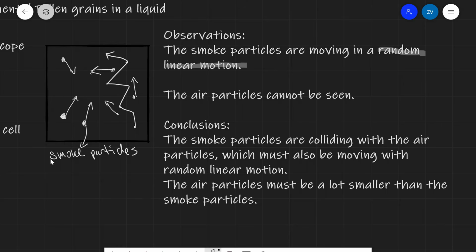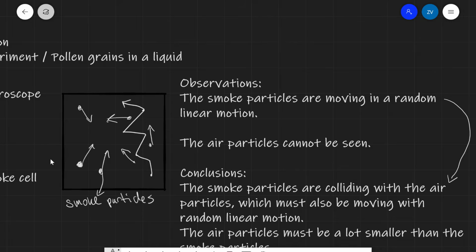Now, what conclusions can we actually make from this? First off, because the smoke particles are moving in a random linear motion, this must be because they're colliding with the air particles which are not visible. This is the conclusion that we can make from this observation.